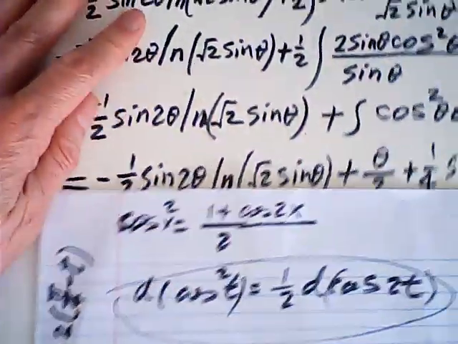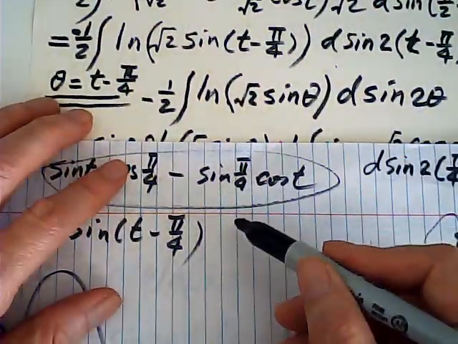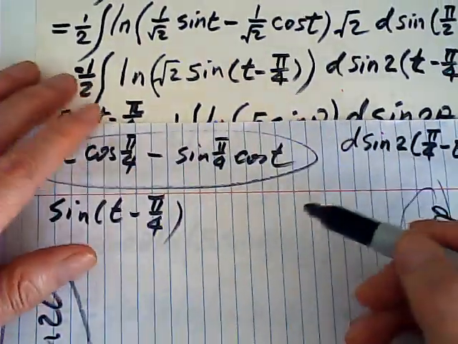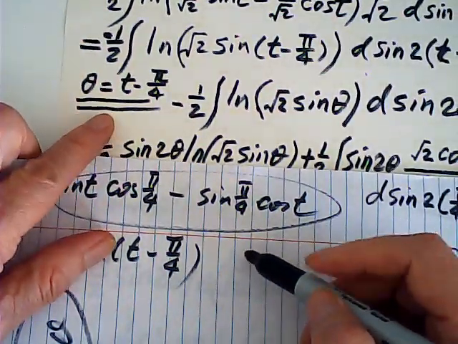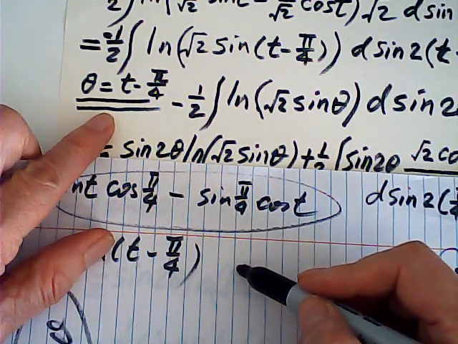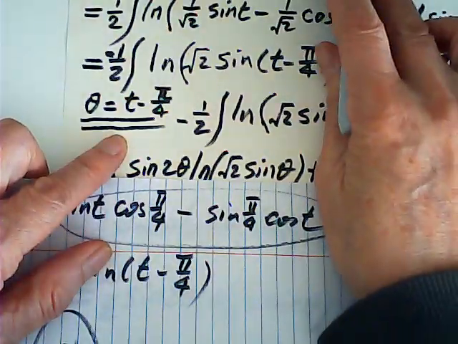What's the theta? Theta is t minus quarter pi.